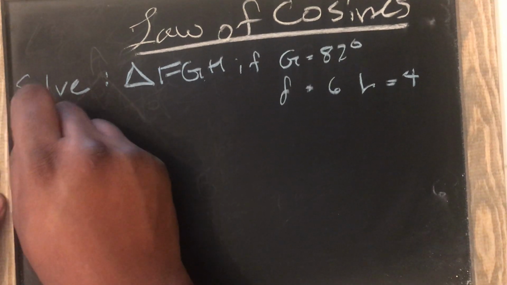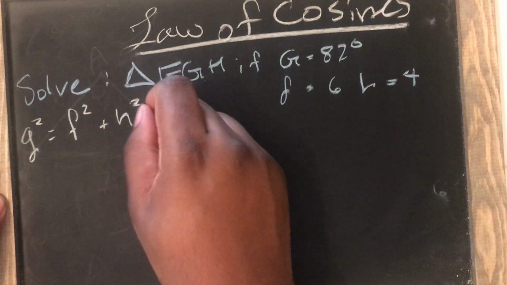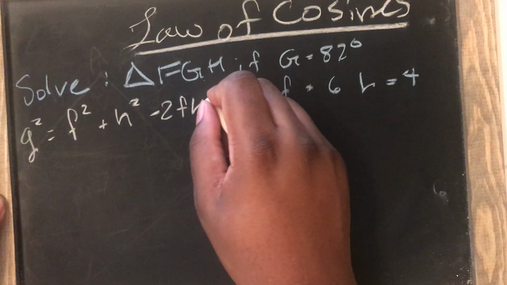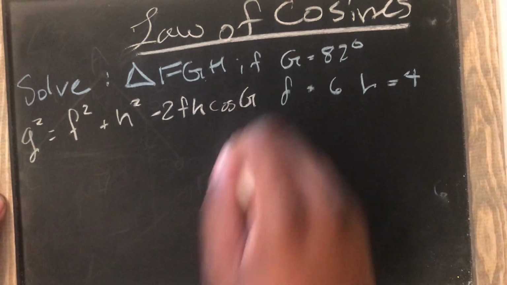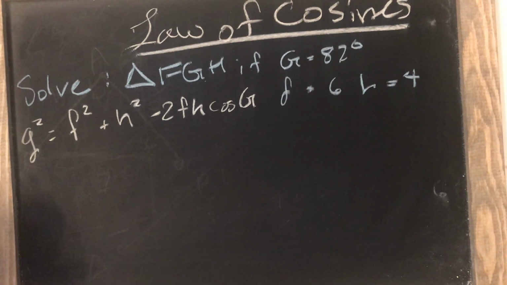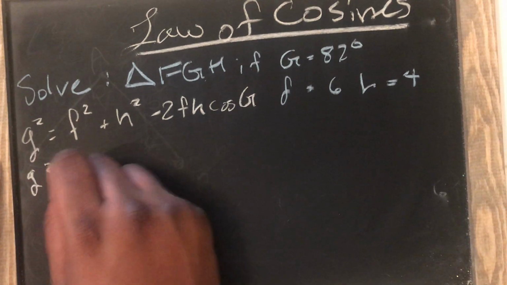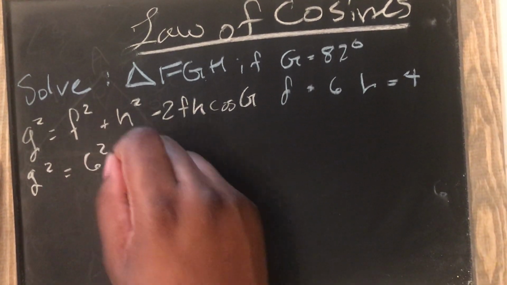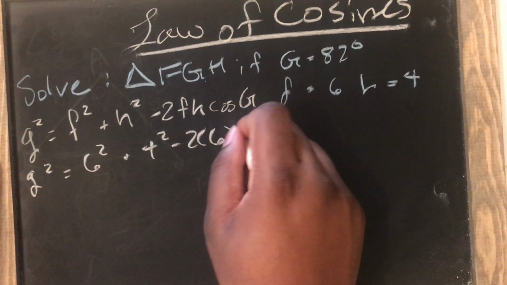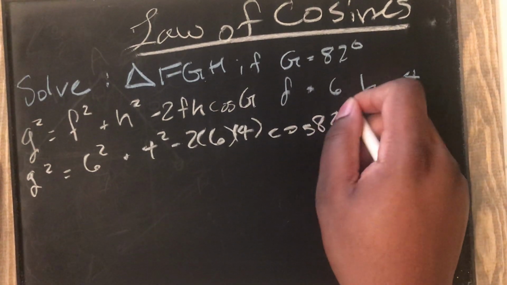So g squared would equal f squared plus h squared minus 2fh cosine of big G. Now we can just fill in the blanks. g squared equals 6 squared plus 4 squared minus 2 times 6 times 4 cosine of 82 degrees.